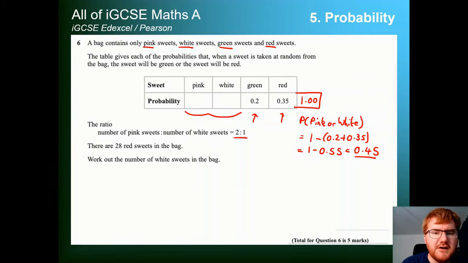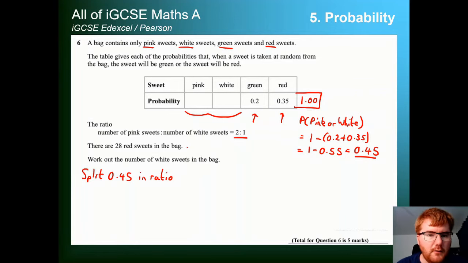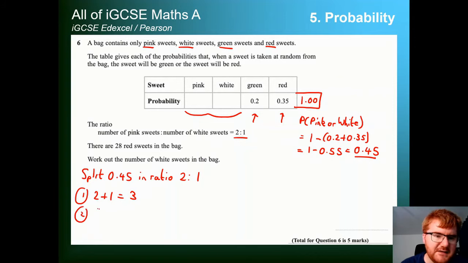They're also in the ratio 2 to 1. So essentially you want to split 0.45 in the ratio of 2 to 1. The way that we do this is a standard process. We add the parts together. So 2 plus 1 is 3. Then we take the 0.45 and divide that by 3.